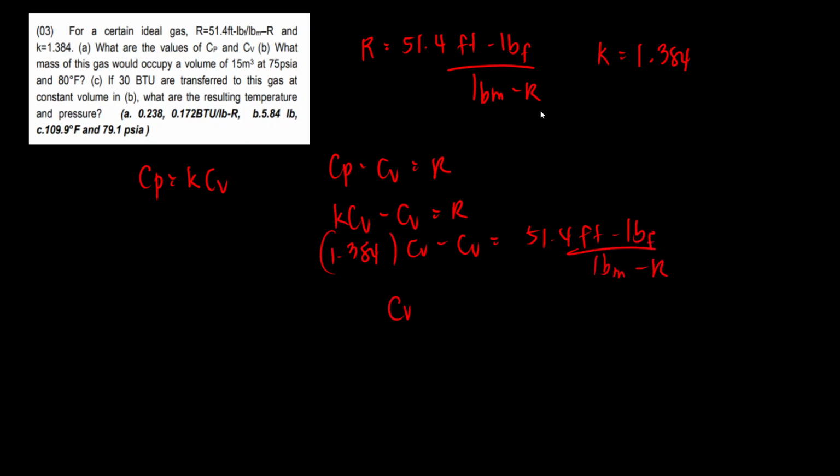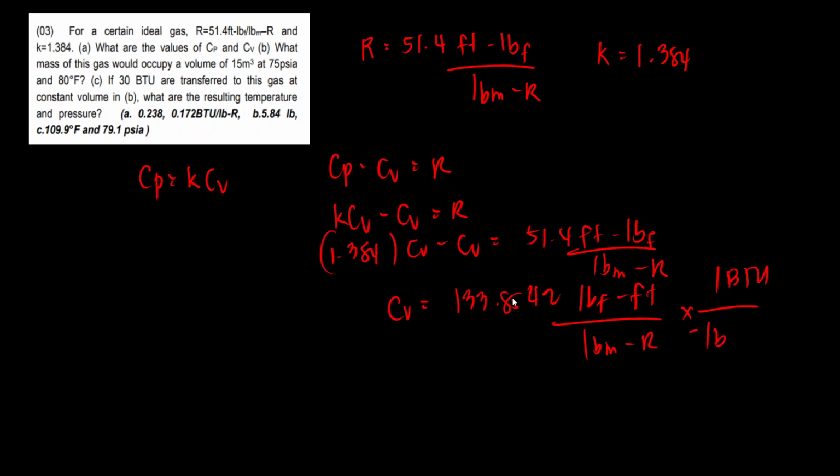So Cv is equivalent to 133.8542 pound force foot per pound mass Rankine. Or if we convert this in BTU, 1 BTU is equivalent to 778 pound foot.